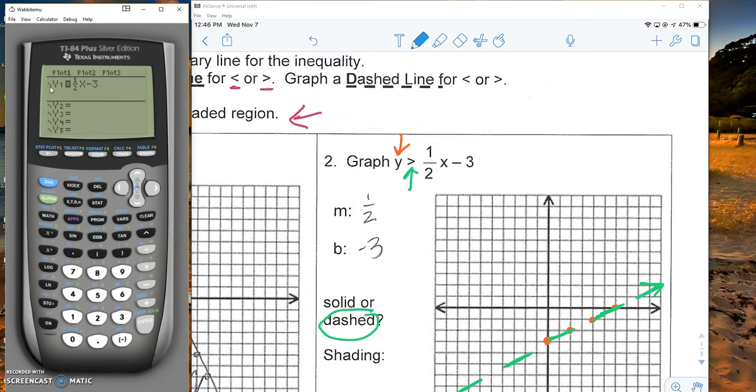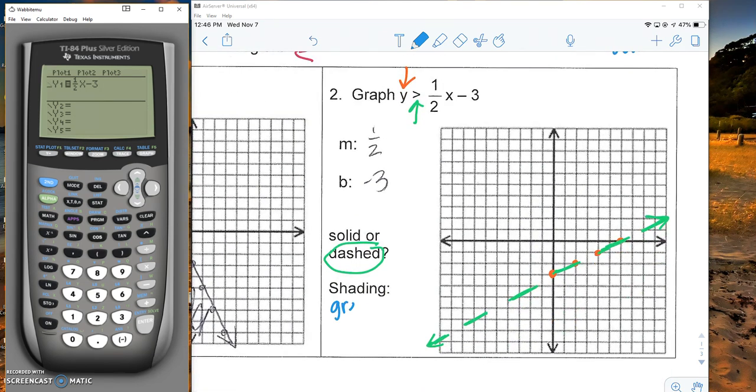So for graphing in a calculator, a greater than sign goes above the line and a less than sign goes below the line. And you do have to know that whether you're graphing by hand or in the calculator. So this is a greater than sign. I know that because less than looks like an L.